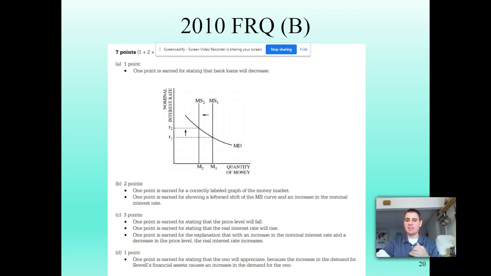If it's a positive value, that is a win for the bank. If it's a negative real interest rate value, that is a loss for the bank. Now, price level we can equate to inflation. Inflation has gone down, right? So either way, nominal interest rates increasing, inflation decreasing, both are going to cause real interest rates to increase.